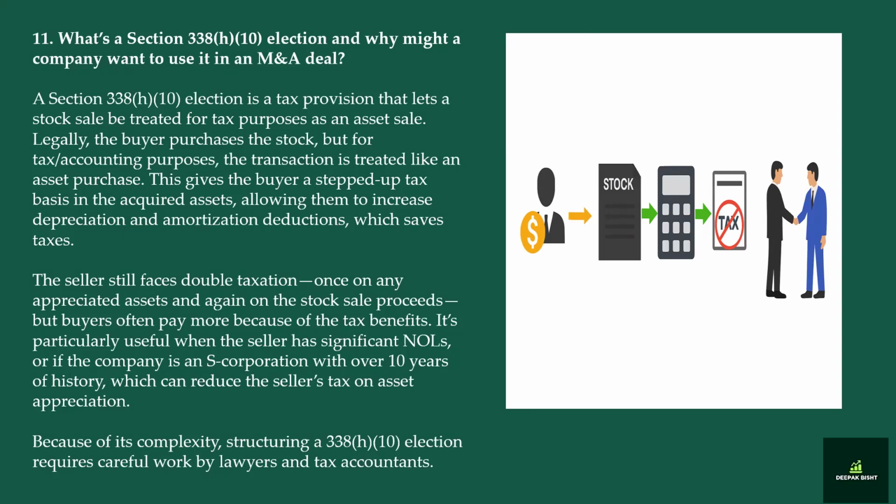So the bottom line is that Section 338 is a legal stock sale plus the tax treatment of an asset sale. The buyer gets a tax basis step up, and the seller bears the associated tax consequences. And it relocates economic value also.